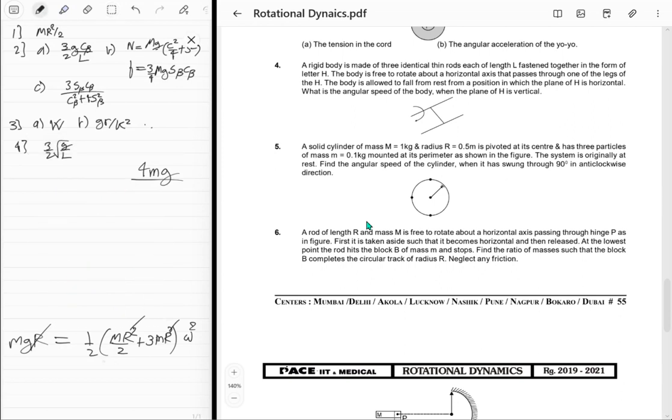So 4 mg, and then upon 6m plus capital M, and all of that times R. Yes, and the square root of this thing will be our omega. So that's 2 square root of m upon 6m plus M, and all of that times g upon R. That should do it.